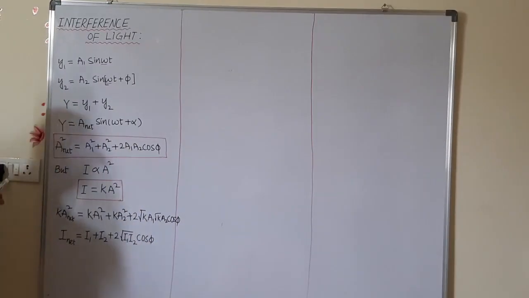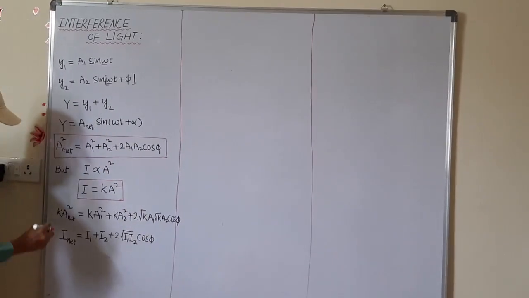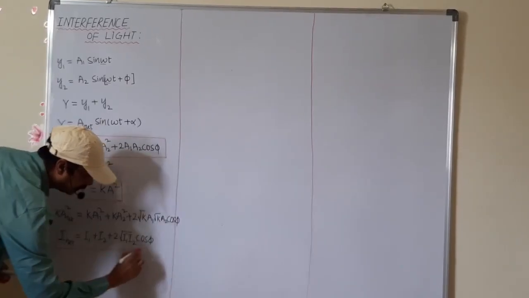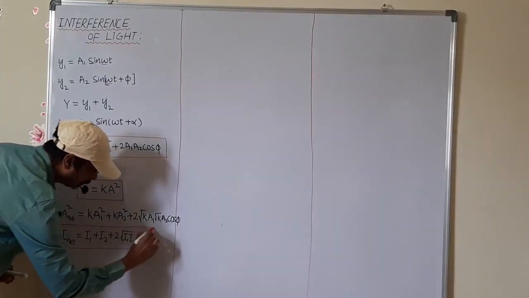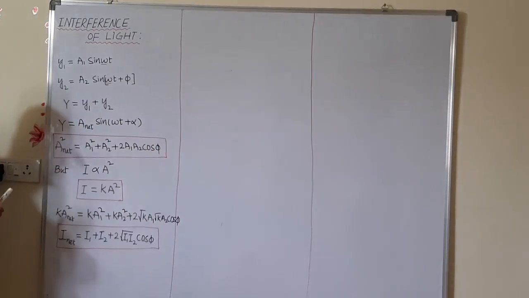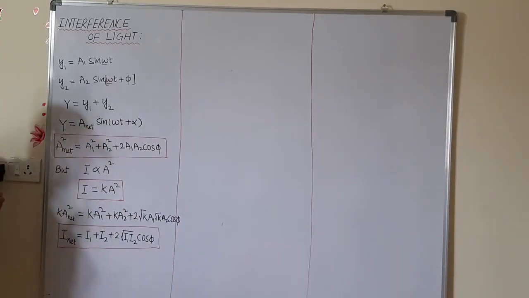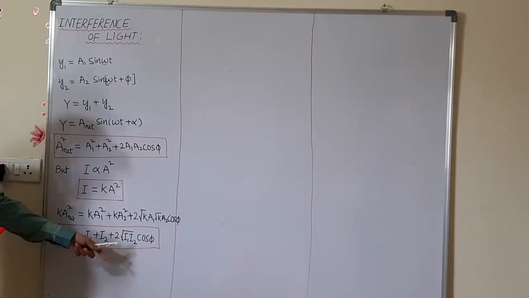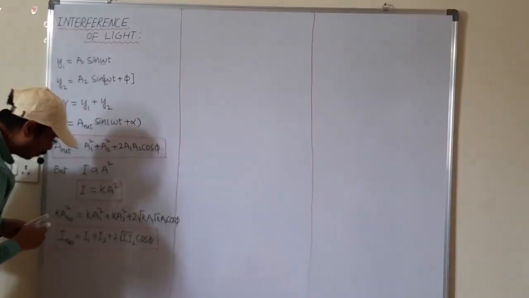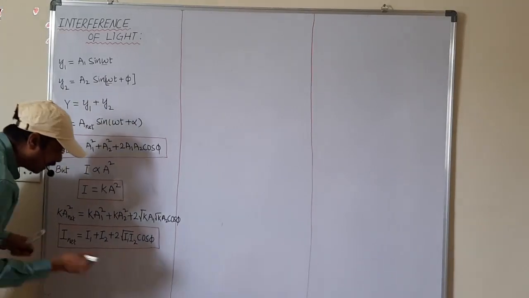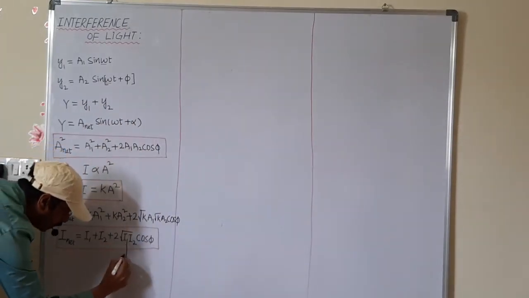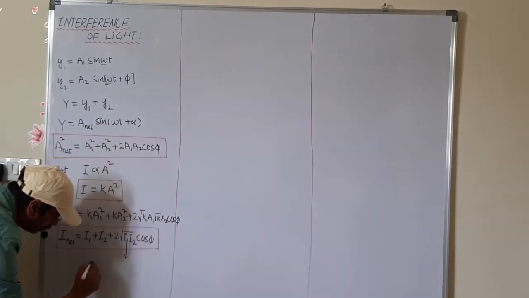This is the net intensity formula. The net intensity I net equals I1 plus I2 plus 2 root I1 I2 cos phi. In this, the term 2 root I1 I2 we call the interference factor.